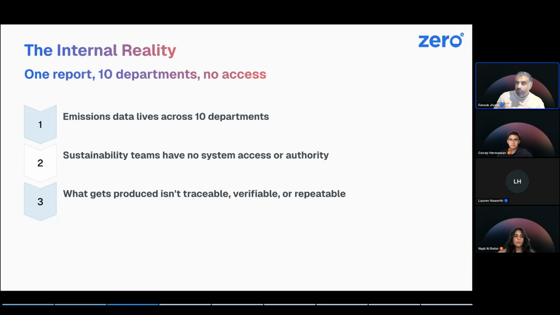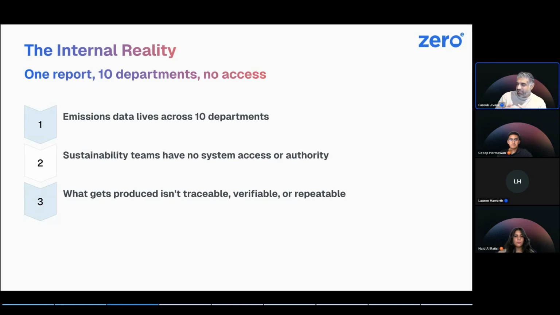So the productivity of a sustainability team is purely based upon that team's ability to engage with the wider organization, right? And even if they are getting information, what generally gets produced isn't traceable, verifiable, and repeatable.